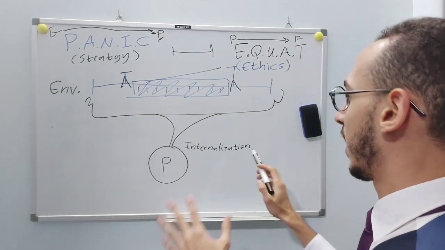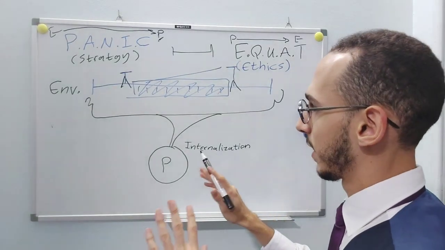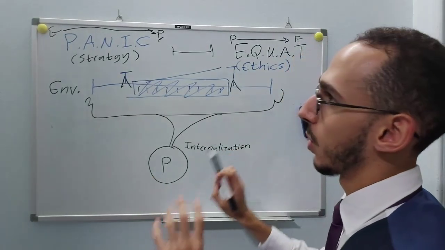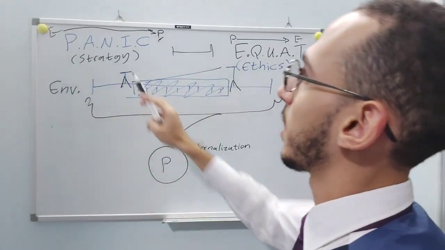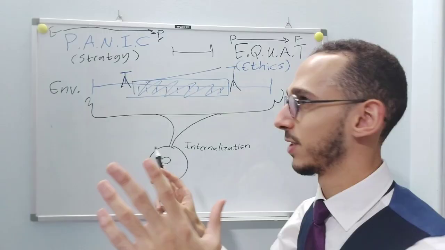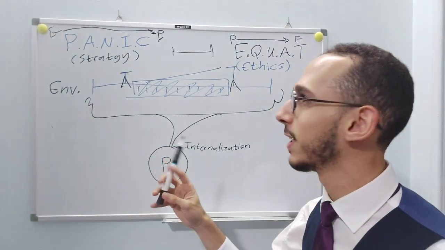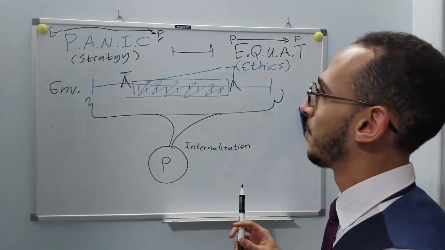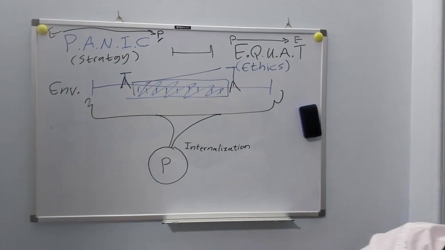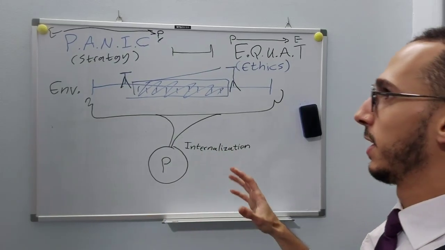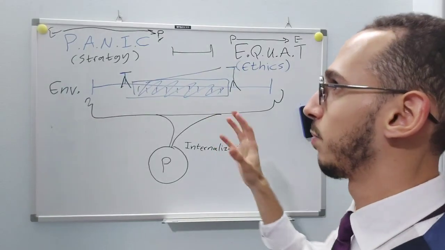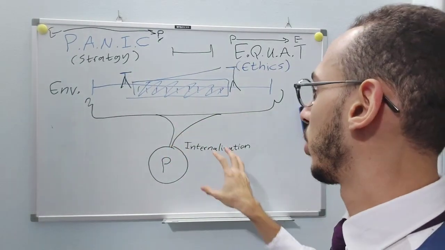And so this stage right here is where the person has been sufficiently surrounded. And this is why this really does pertain to strategy, other than the fact that their strategy itself is based on panic, both figuratively and literally. Also, it's a matter of time of exposure with this model. So it just becomes a matter of time and enough exposure that will allow a person to internalize this.